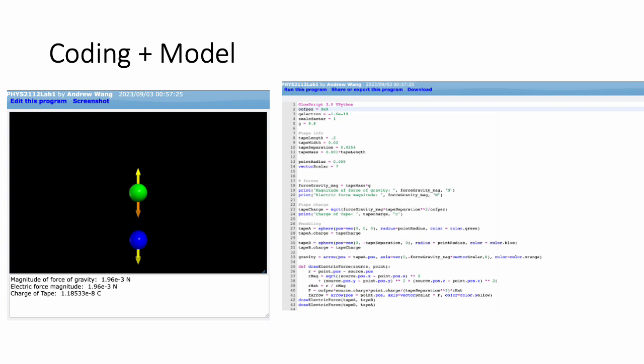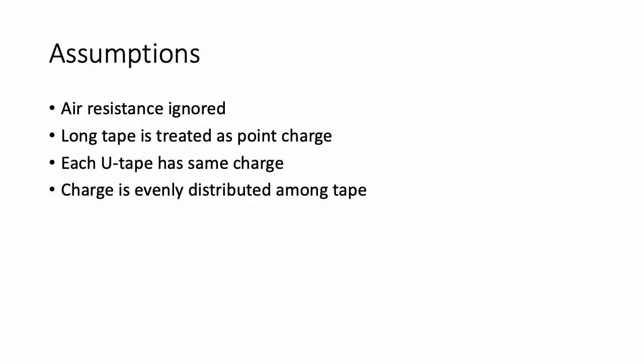So you would put in these variables and the formulas there in code form, and then on the bottom you can see it's modeled. And then on the left side, the magnitudes are printed out. They're the same, obviously. And then the charge of the tape is calculated, which is 1.1853 e negative 8 coulombs.